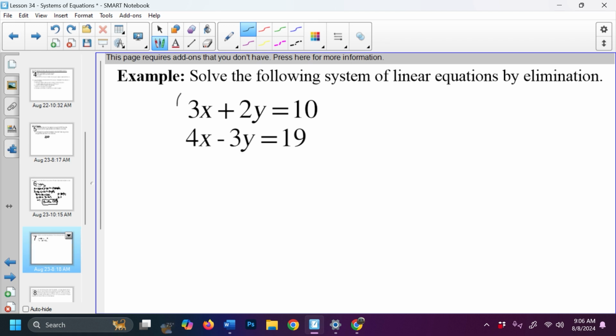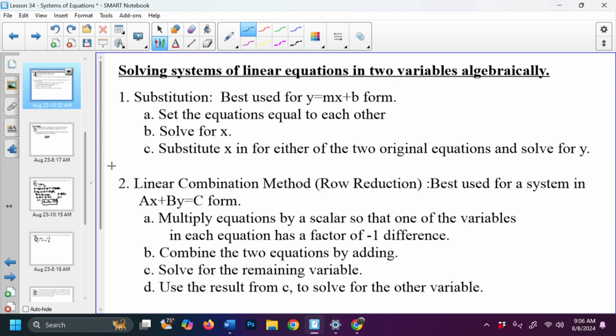And to get that factor of -1, I need a least common multiple between 2 and 3. And the least common multiple between 2 and 3 is going to be 6. So I'm going to multiply this top equation by 3 and this bottom equation by 2. And that's what I mean by multiply the equations by a scalar so that one of the variables in each of the equations has a factor of -1.